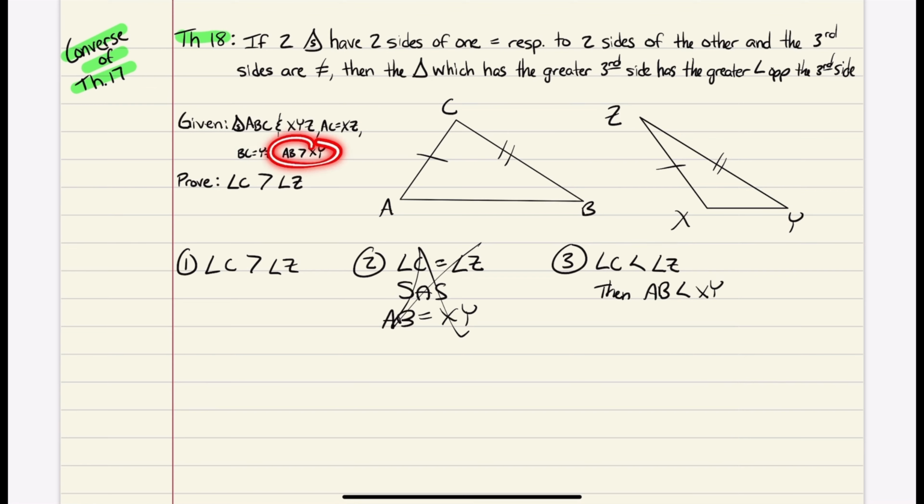But again, our given was stating that AB is bigger than XY, not smaller. So again, there's another contradiction, and a very quick indirect proof. We can see that this is the only possibility, and that would prove that this theorem is stating a true fact, that the converse of Theorem 17 is also true, and we call it Theorem 18. So Theorem 17, Theorem 18, there it is.